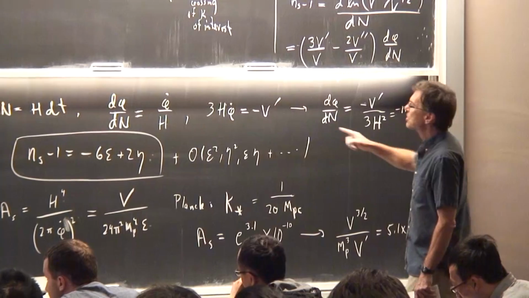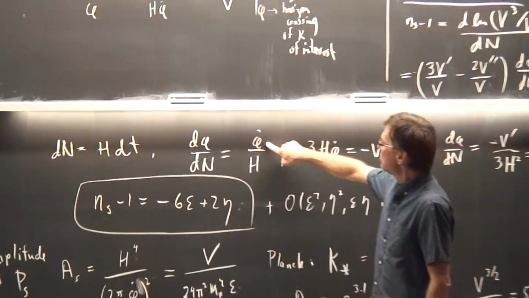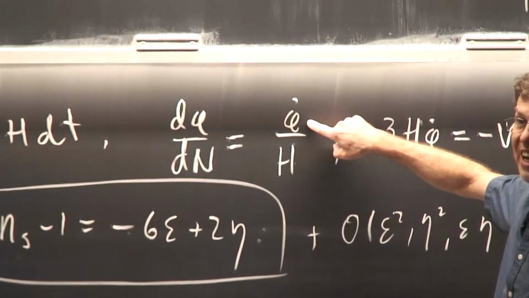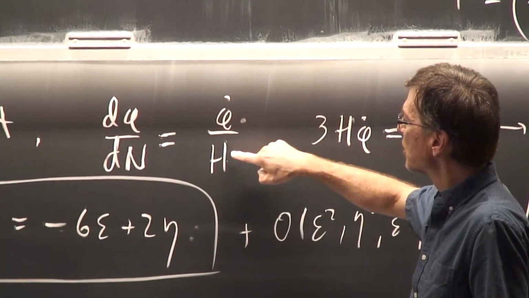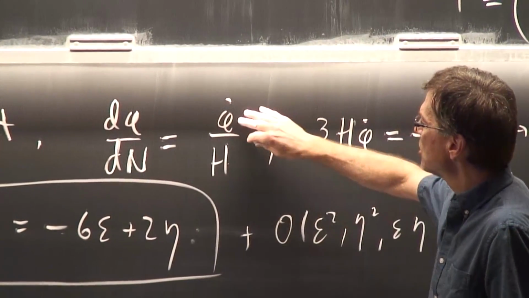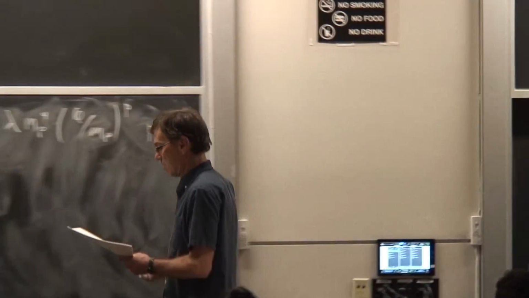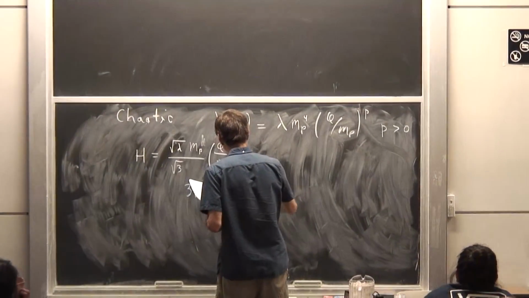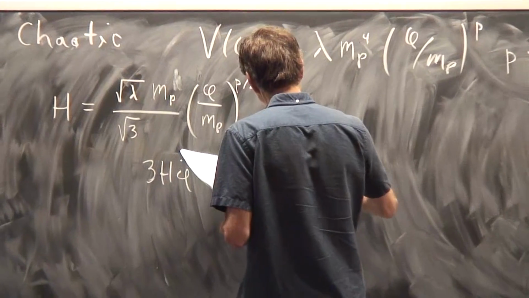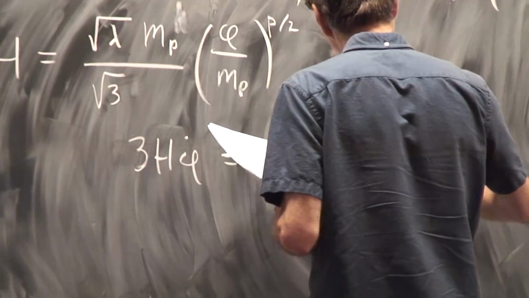So it's convenient to re-express phi dot in terms of d phi dN. So let's rewrite phi dot as H d phi dN. So then we get 3H squared d phi dN.